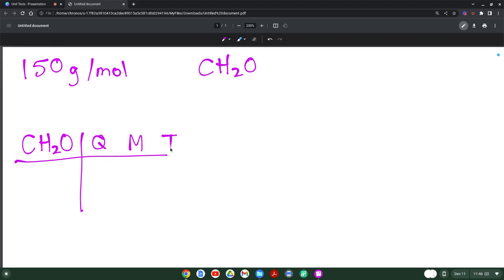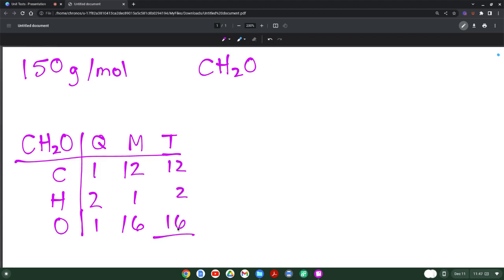And the reason is because once I get that mass, I can divide with this number and figure out what that multiple was that was used to get up to the 150. So I have 1, 2, and 1. Mass of a carbon is 12, hydrogen is 1, and oxygen is 16. So we have 12, 2, and 16, which is 30. 30 grams per mole.